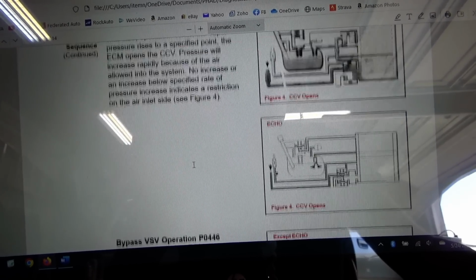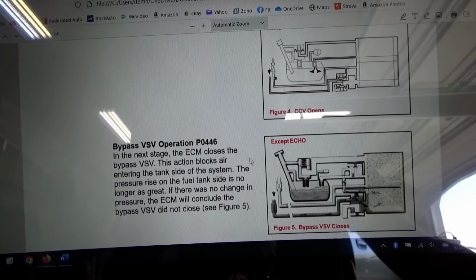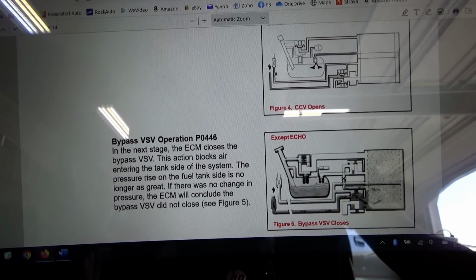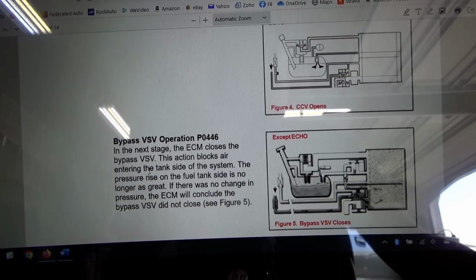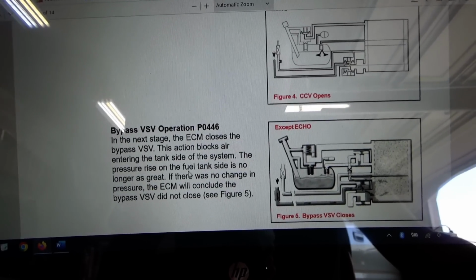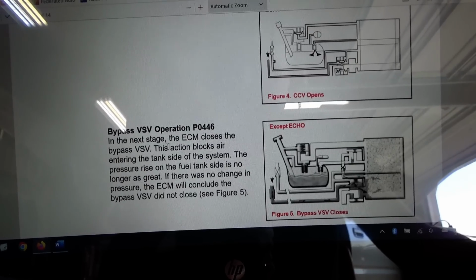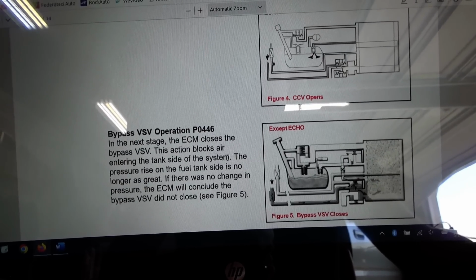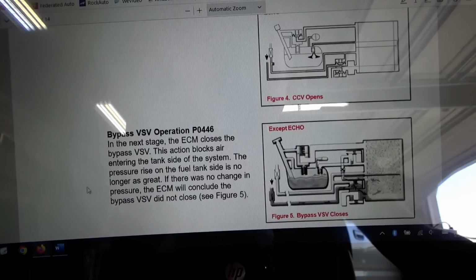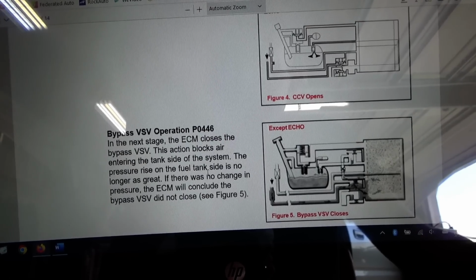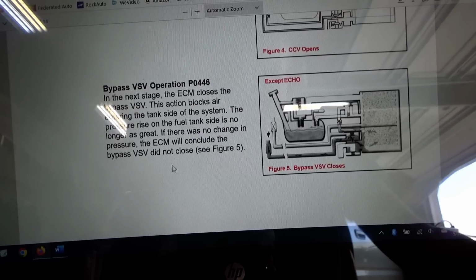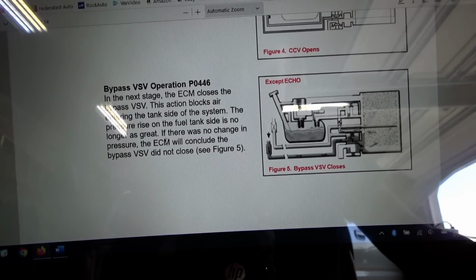Okay. Or 446 can also be caused by bypass VSV operation. This is a problem, but I don't think it explains why you can't fill the tank. So closing the bypass VSV blocks air from entering the tank side of the system. Pressure rise in the fuel tank side is no longer as great. So if that doesn't happen, there's no change in rate, then it sets the 446.